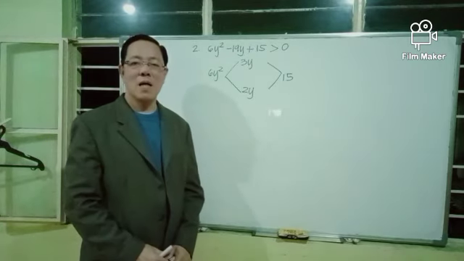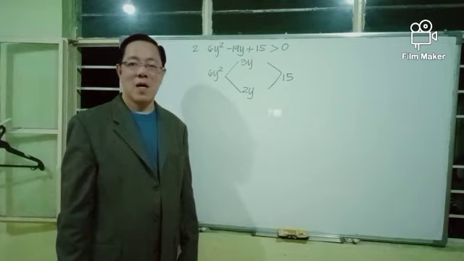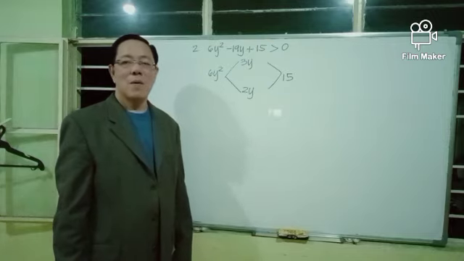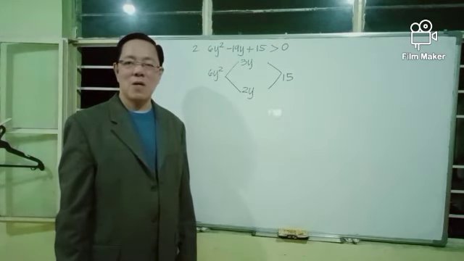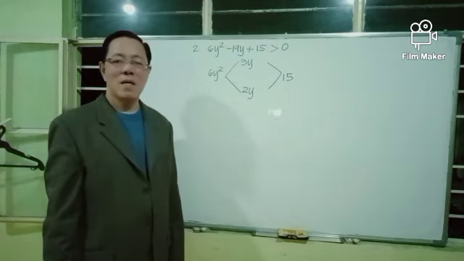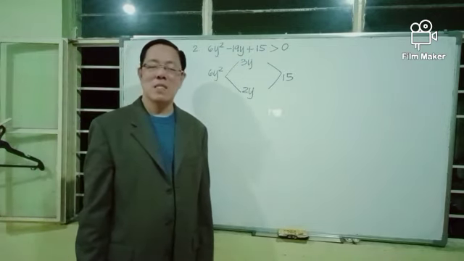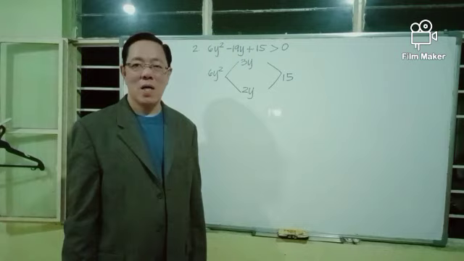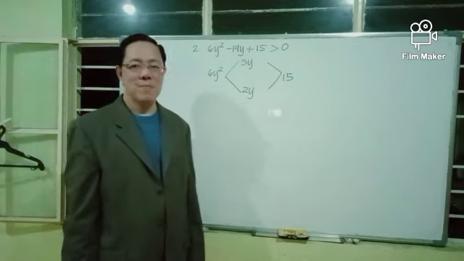Because when you multiply two factors that are negative, the product is positive. Now, 15 has many factors. You can write 15 as 5 multiplied by 3. Or you can write 15 as the product of negative 5 and negative 3. Or 15 can be written as 15 multiplied by 1. Or negative 15 multiplied by negative 1.